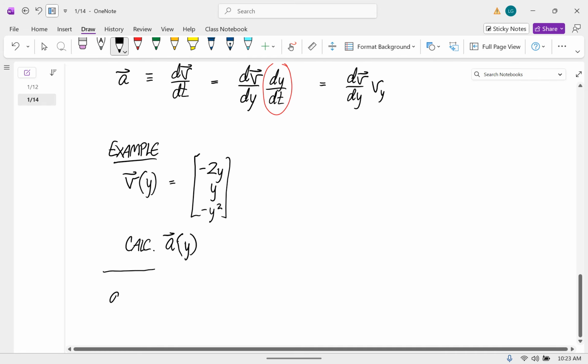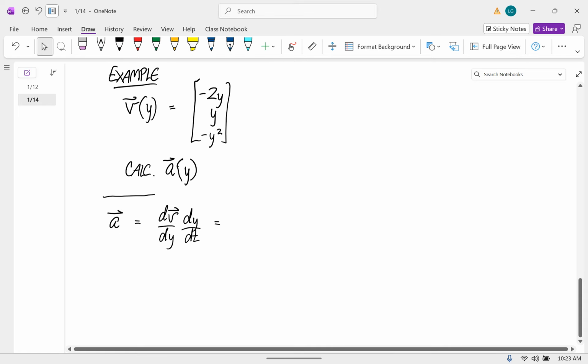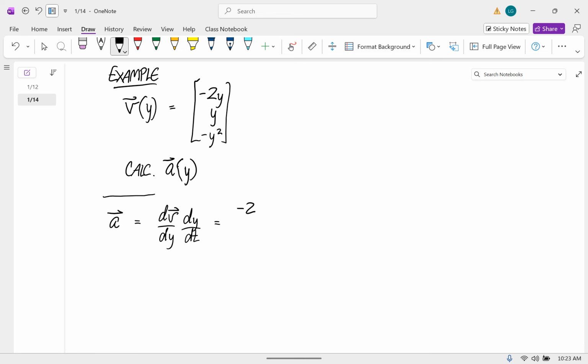The acceleration is equal to dv/dy times dy/dt. dv/dy is (-2, 1, -2y), and dy/dt is the y component of the velocity, which is y.